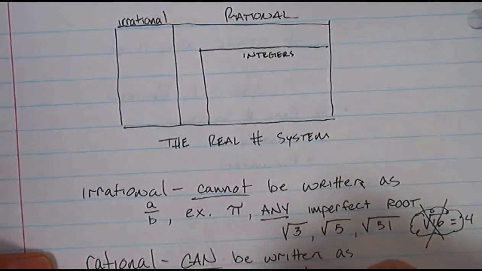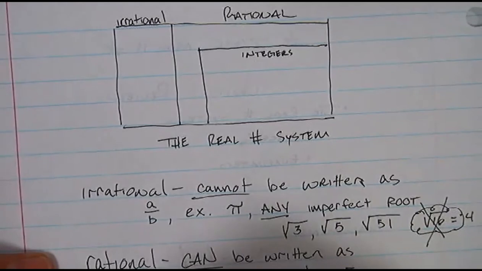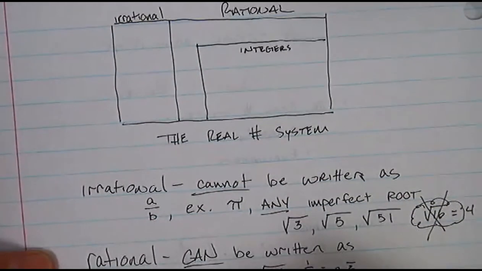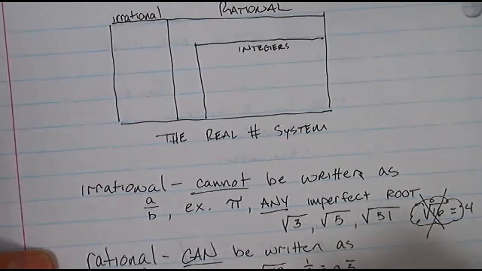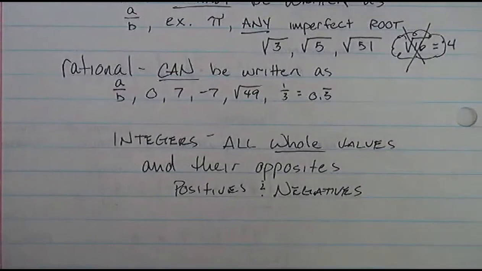And this is all whole values and their opposites. Okay, so positives and negatives. That's what an integer is. Basically, your positives and negatives, but they must be whole values. Okay, no partials allowed, right? All have to be whole values.